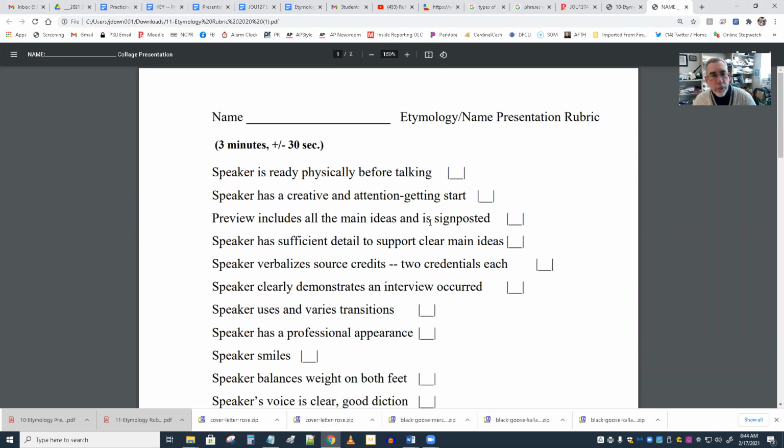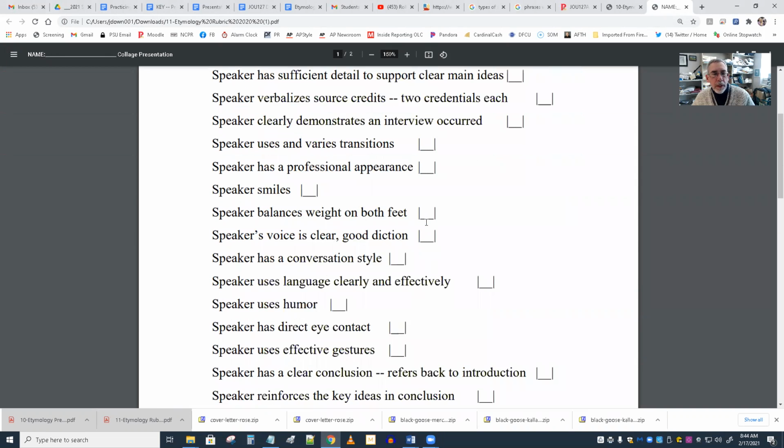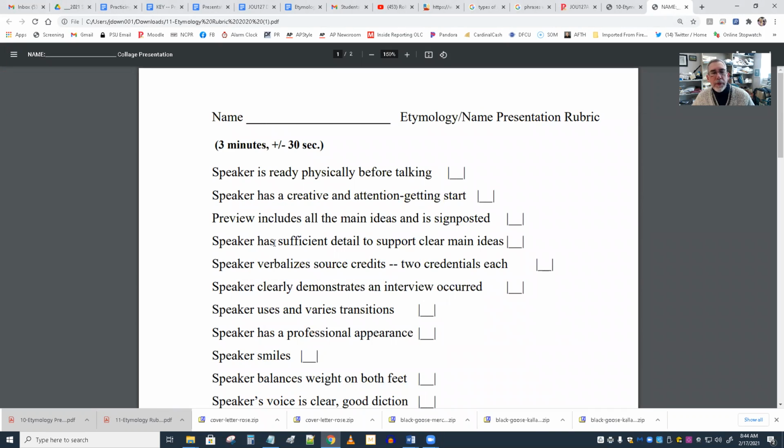The rubric tells you the things you will be graded on, which are actually quite similar. The only additional thing is that we want you to have a signposted preview statement now, and you're going to have some sources, 2 sources at least that you mention, plus the source of who you interviewed.